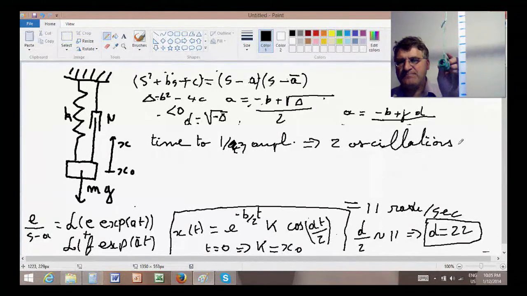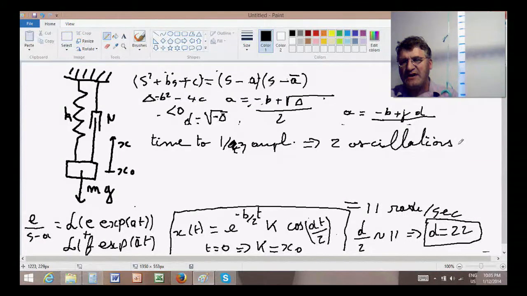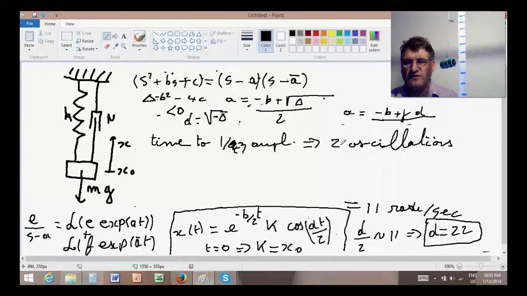Let's start again. This is the neutral point. This is 1/3 amplitude. This is the original amplitude. And 1, 2, yes. Between 2 and 3. Okay. So maybe we can say 2.5 oscillations.